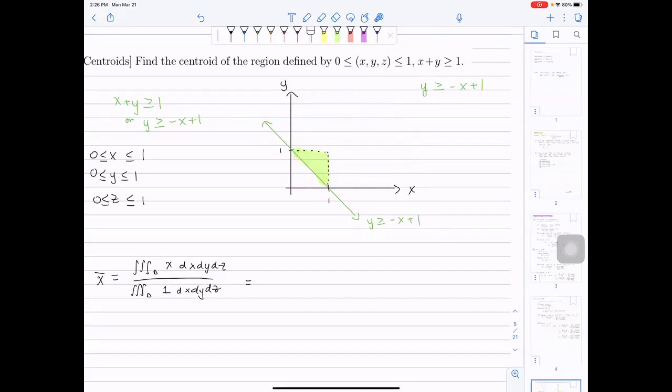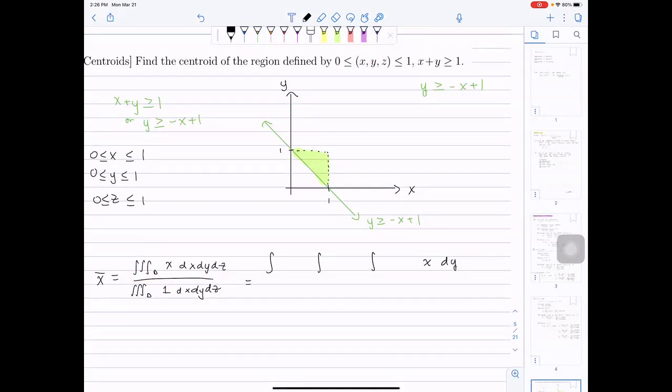Okay, so now when we're finding the bounds, since we have x and y, what is our equation going to be? We're going to have an x d. Does anyone want to suggest what we should do first? Y, okay, let's do dy.